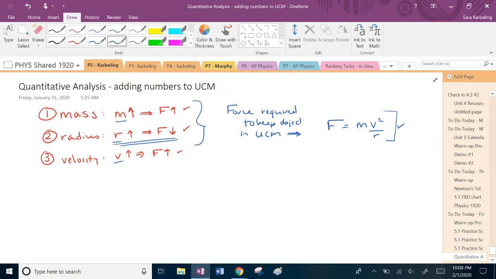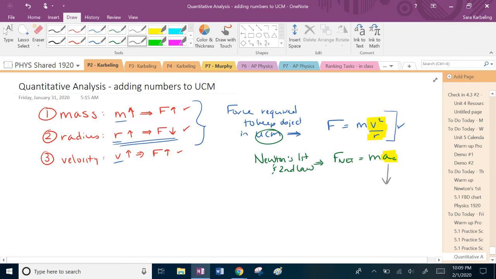And then we're going to be a little clever here and say, we also know Newton's first and second law, which you remember from a few months ago, that the net force acting on an object is equal to the mass times the acceleration. We know that the acceleration, when we're talking about uniform circular motion, is the centripetal acceleration. Remember, we talked about that not too long ago. If we take a look at this nice lineup here, you can see that it lines up super nicely with the centripetal acceleration.